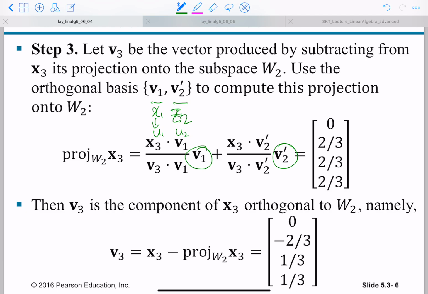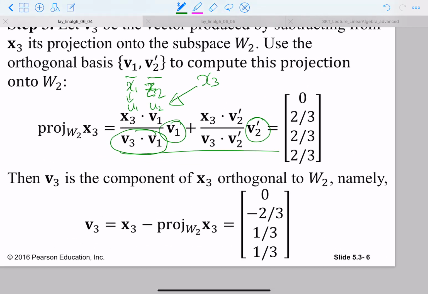Then when projecting x3 onto the subspace spanned by these two previous vectors, the orthogonal projection part will be easier to compute, because it has some typo over here, right?